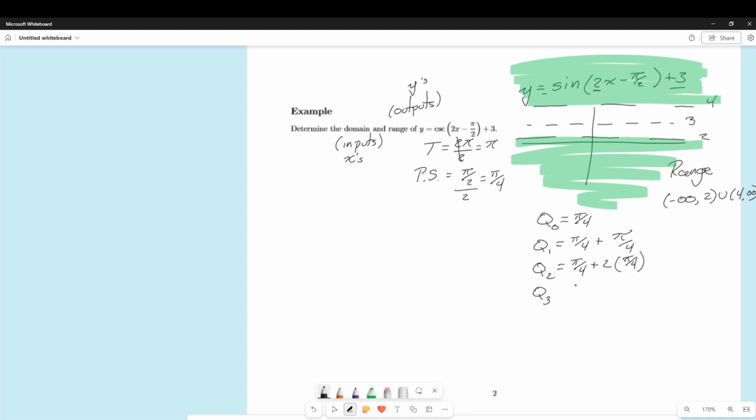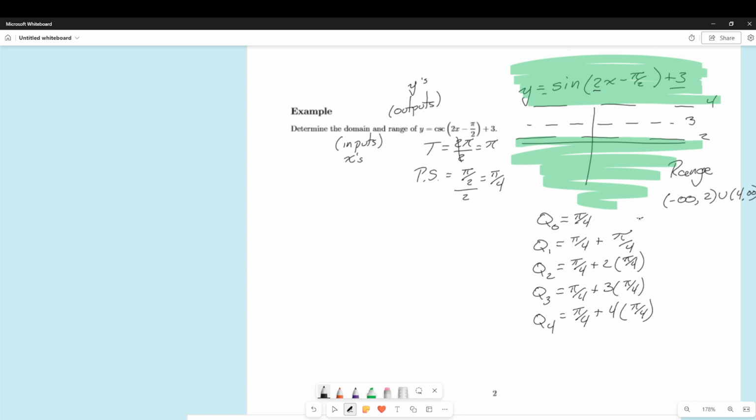Then add 3 quarter periods. And then add the last quarter period. Again, you don't always have to be this formal, but it's really helpful.